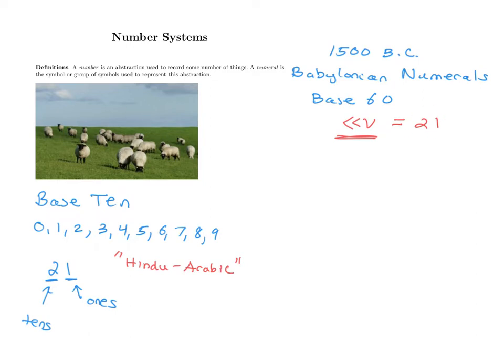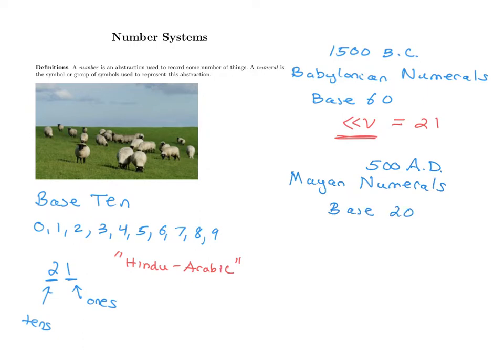Another civilization that had a different number system were the Mayans. So there's also Mayan numerals. And this was circa 500 AD in Central America around the Yucatan Peninsula. Now, their number system was base 20.